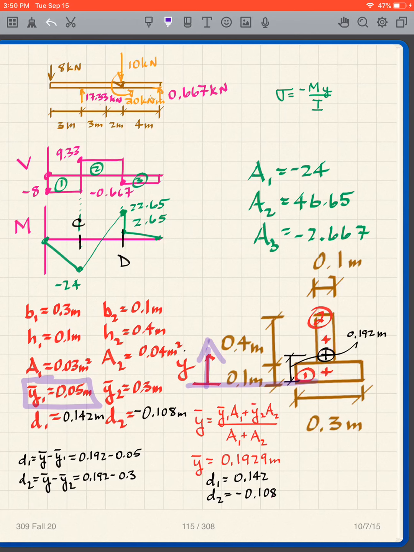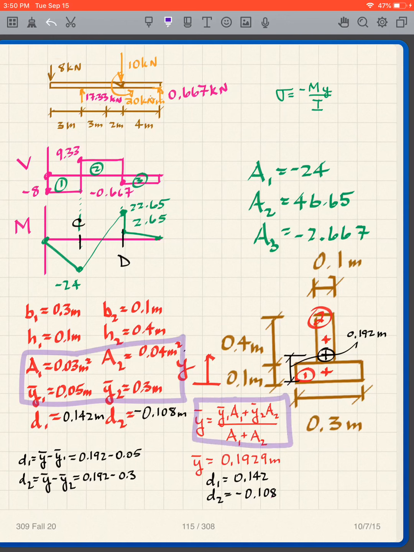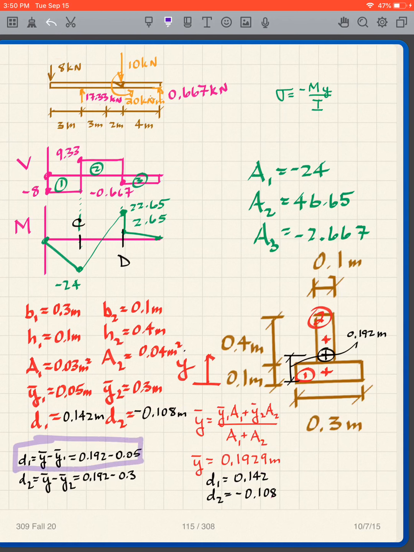And you can all figure these out. I take these values now, and I put them into this equation to give this as my y bar. Once I have my y bar, I get d1 as y bar minus y bar 1, d2 as y bar minus y bar 2.